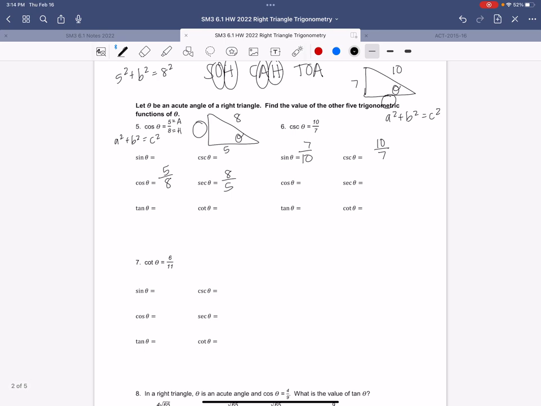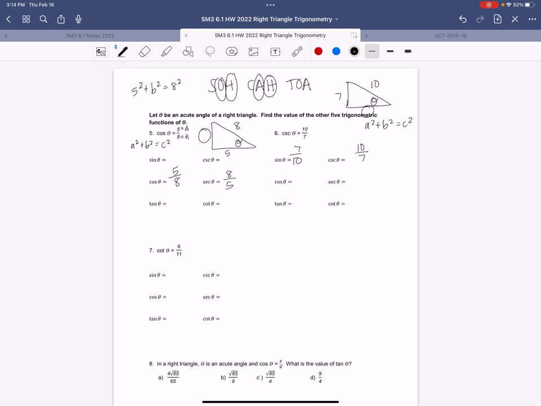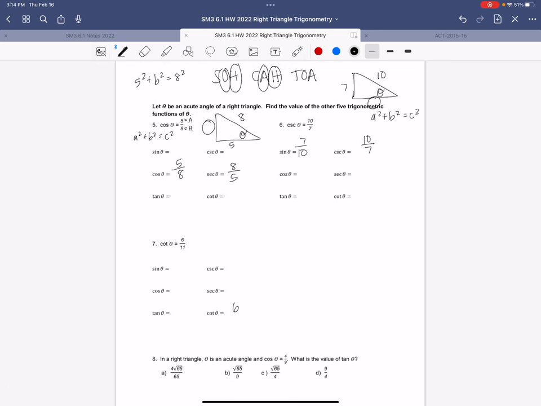And then the last one on that, well, 2 more. For 7, it gave you the cotangent. Again, I don't work with cotangent, secant, or cosecant, so I would go back and say, well, that means the tangent's 11 over 6, and then draw my triangle. So I'd say, okay, if I know that the tangent's 11 over 6, that's opposite over adjacent.